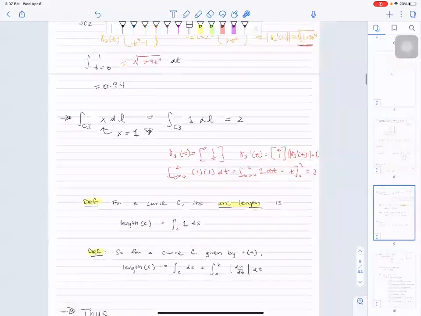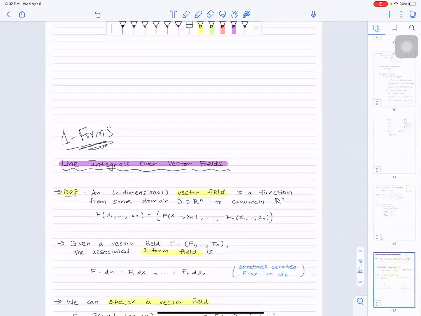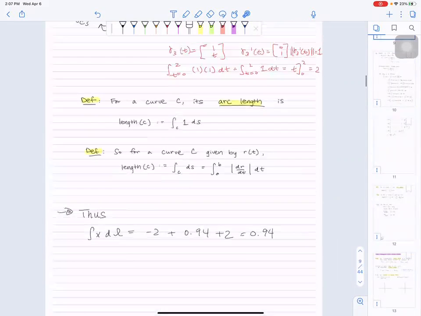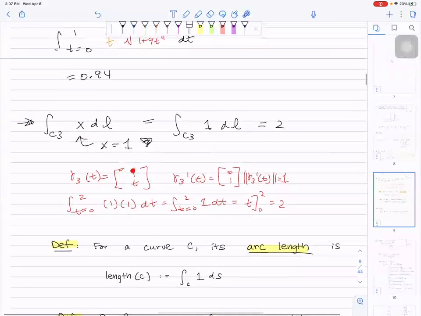Okay, any questions before I move on to vector fields? So we chose a parameterization 1, t because no matter what, x has to be 1, but y could be anything. This parameterization is like the opposite of what we did before.